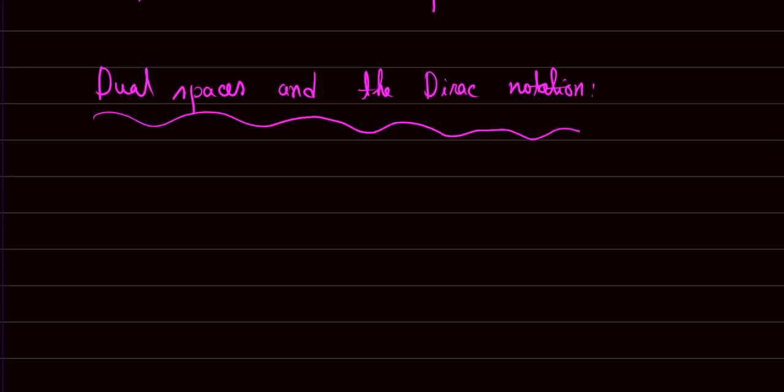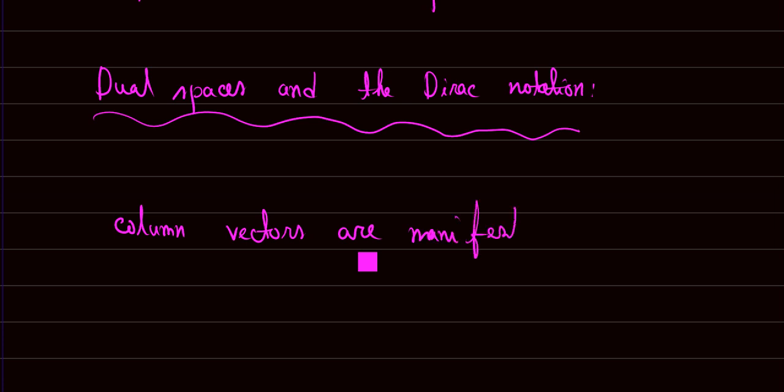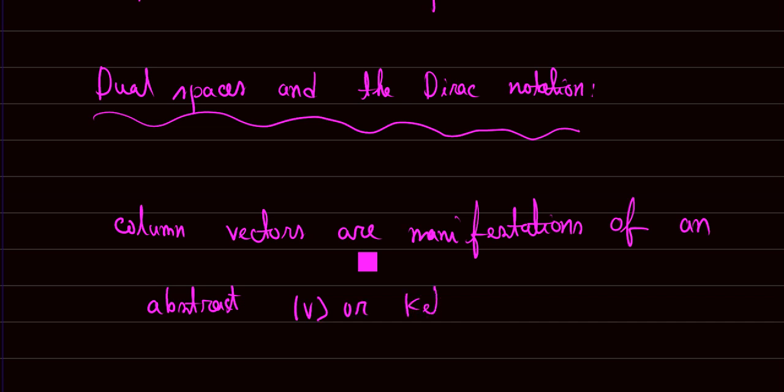Dirac says that column vectors are manifestations of an abstract ket vector, or ket, in a basis.